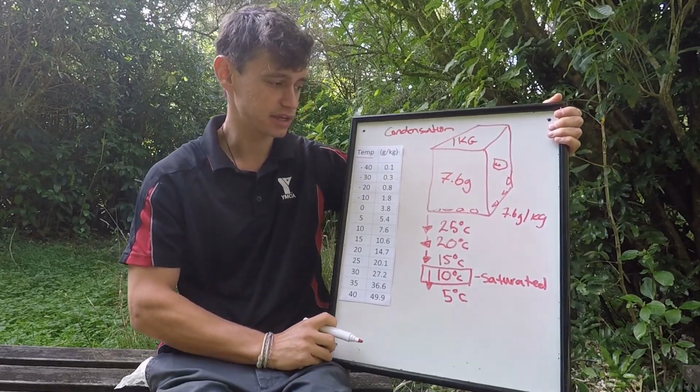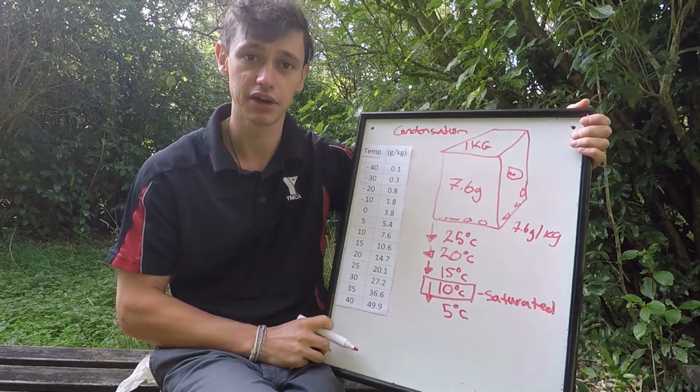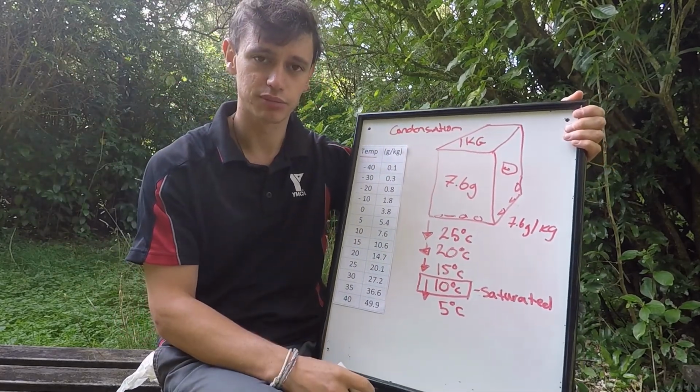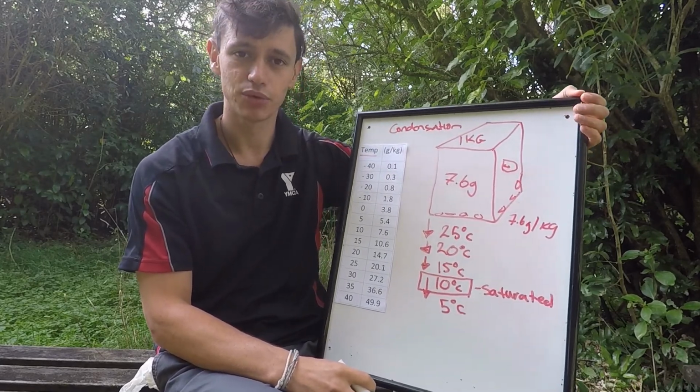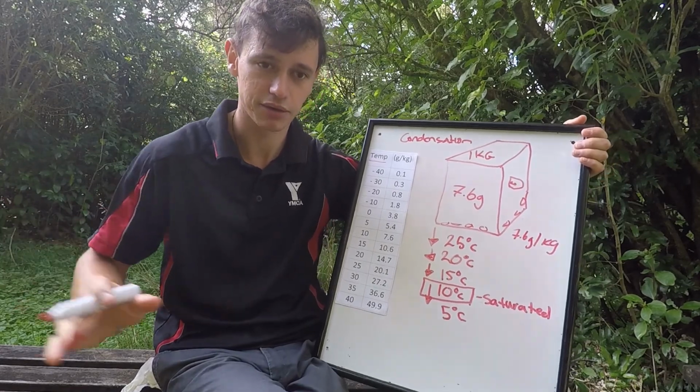And this is the phenomenon of dew that we see on a very cold morning when the air is cooled down below a certain point, and some of that water content inside that air needs to come out, and what it does is it sticks to the ground.